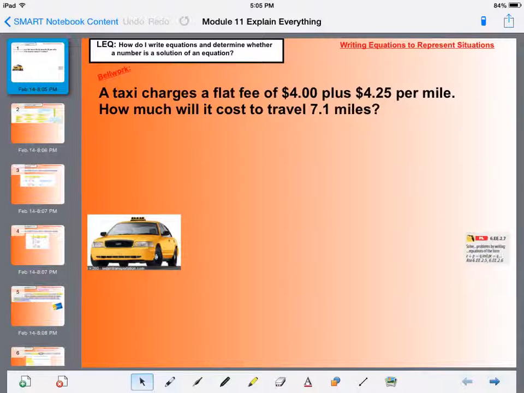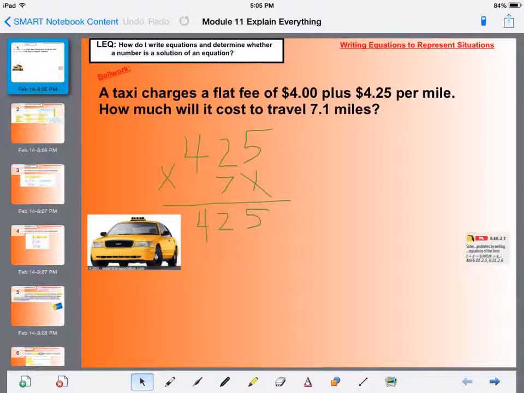And so we're going to take 425 per mile times 7.1 miles. I'm going to pretend like the decimals are not there, and I'll take care of them at the end. 1 times 5 is 5, 1 times 2 is 2, 1 times 4 is 4.